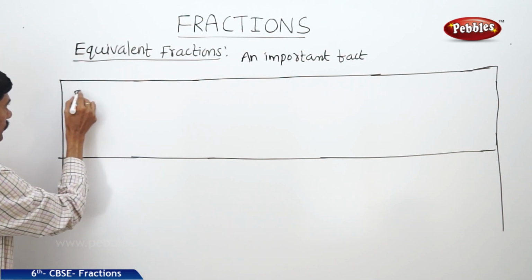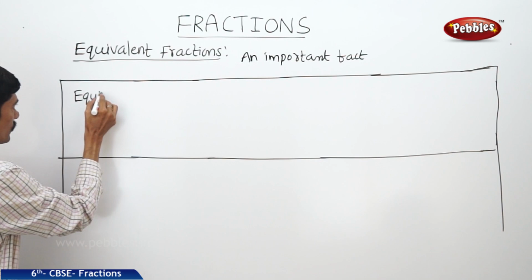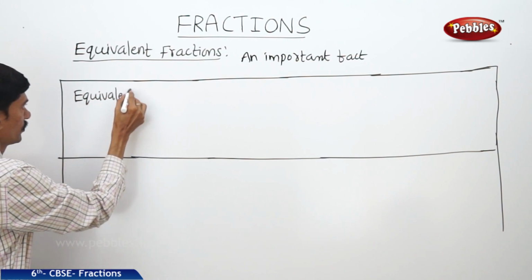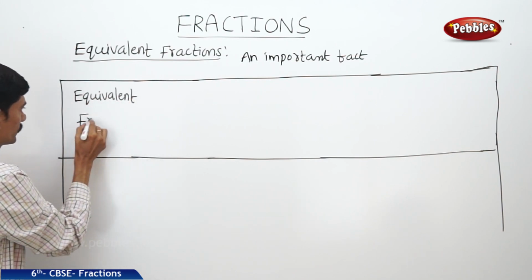Here in the first column we take equivalent fractions.